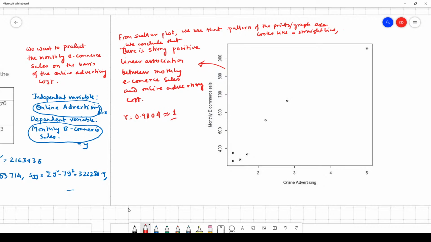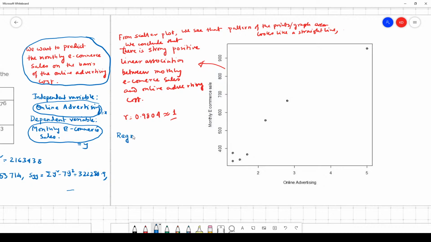Now, since our aim is to predict monthly e-commerce sales on the basis of online advertising cost, from the scatter plot we can use linear regression here for predicting monthly e-commerce sales based on online advertising cost.